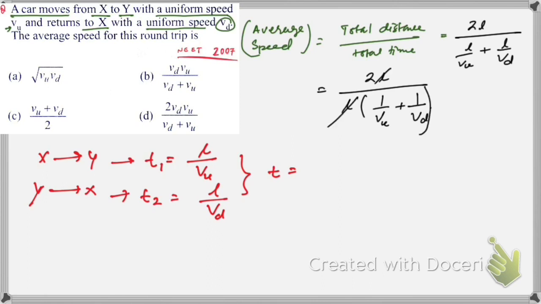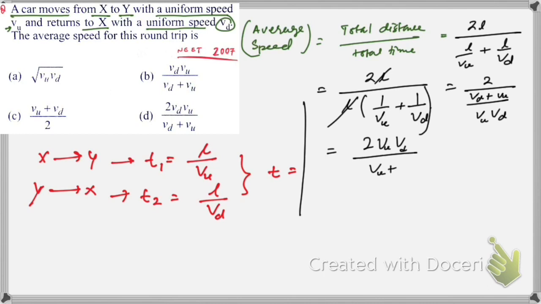So L is gone, and if you take LCM here, VU into VD, then here you will get VD plus VU, right? And that is going to give you 2 VU VD by VU plus VD. And which option is correct? So option D is correct. So hope you have understood this.